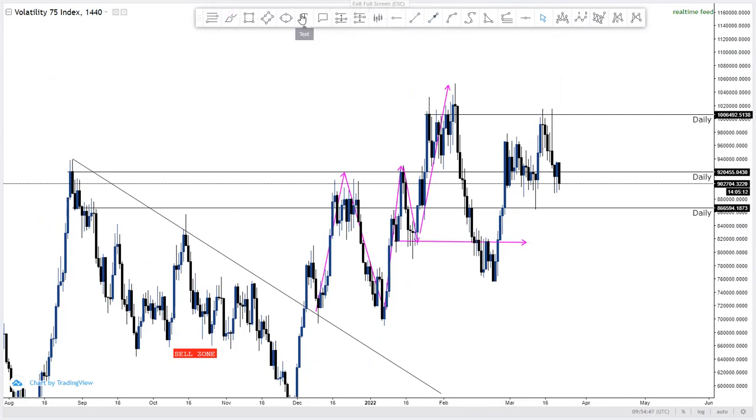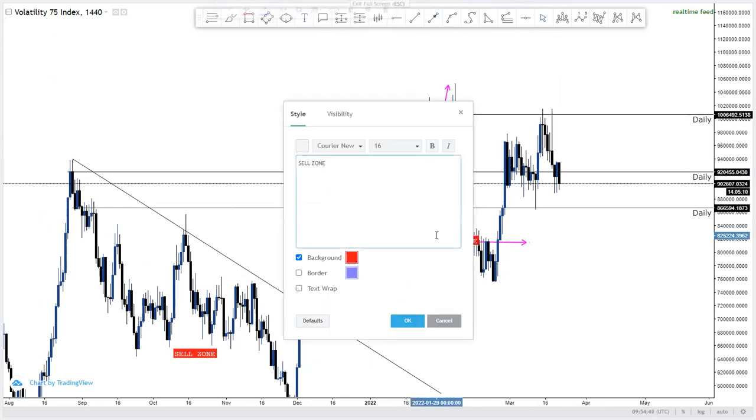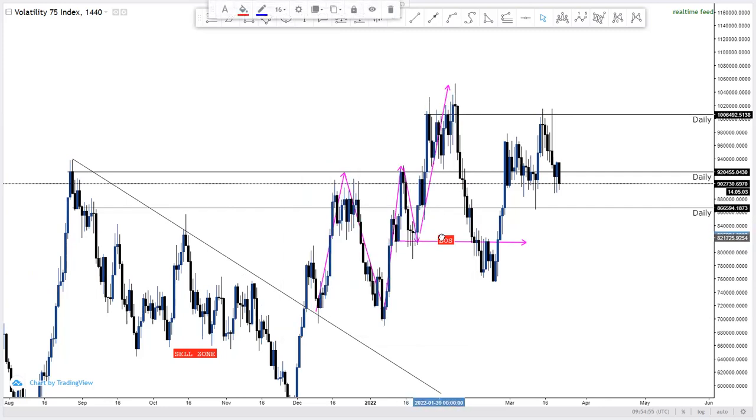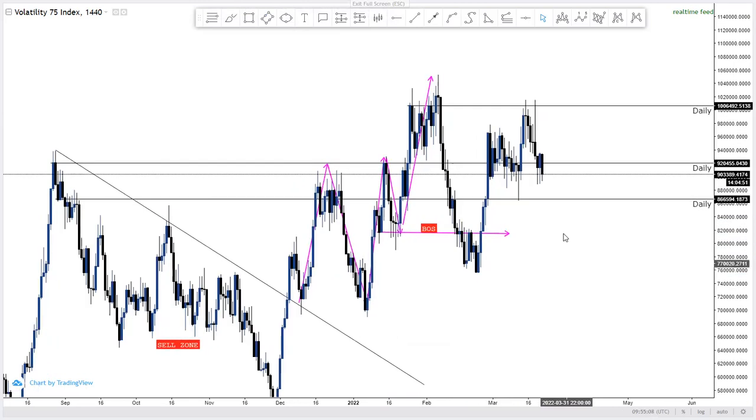So roughly there we can label that region a break of structure, because I want you to take note of this. It's a key thing to take note of that area. It's a break of structure, meaning there's a break of an uptrending structure. So we are starting to expect lower highs and lower lows, meaning the market came back up.